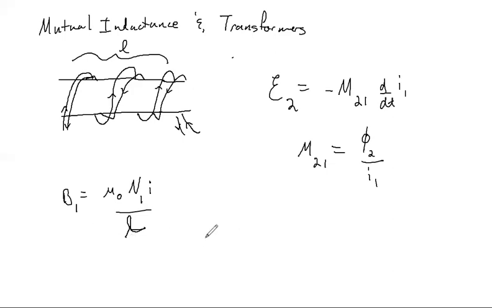On the other hand, the magnetic flux through loop 2 is going to be N2 times the magnetic field coming from 1 times the area of loop 2. This should have been the current through 1.